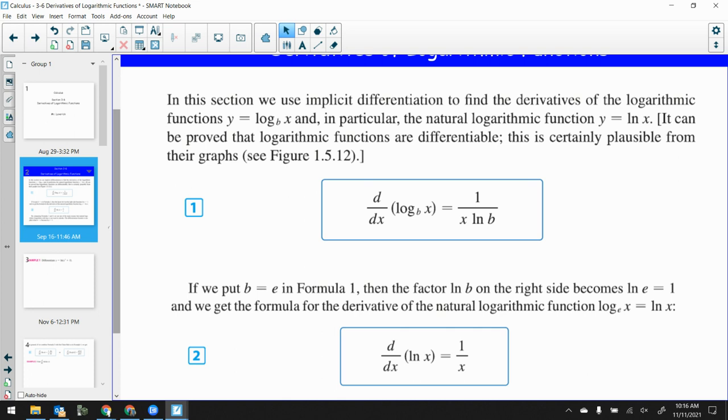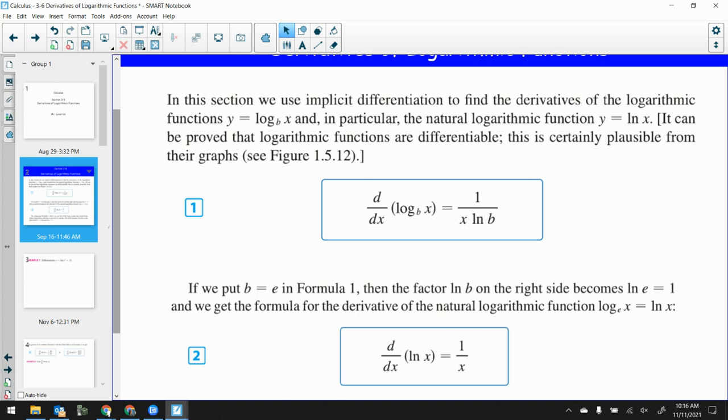We learned that a while back when we talked about the chain rule. Derivative of b to the x is b to the x ln b. And then we have the derivative of log base b of x. The rule is 1 over x ln b.